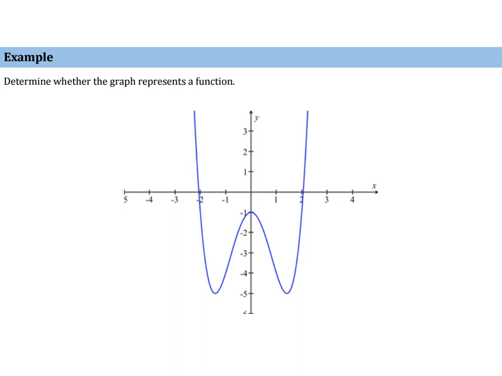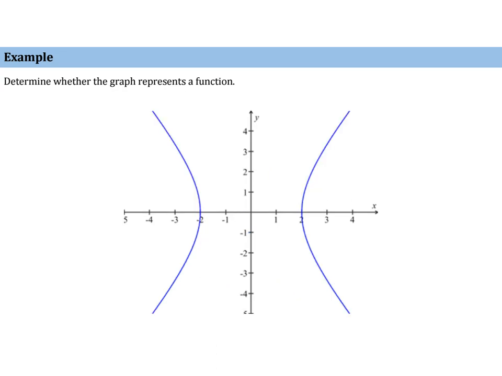Can we draw a vertical line that intersects more than once? No matter where we draw that vertical line, it's going to intersect only once. So therefore, this is a function. What about this one? What do you think? If I draw a vertical line, I'm able to draw one that intersects more than once. So this is not a function.